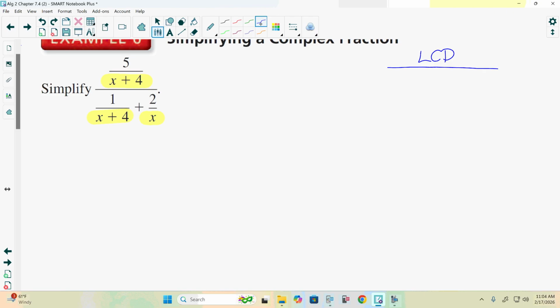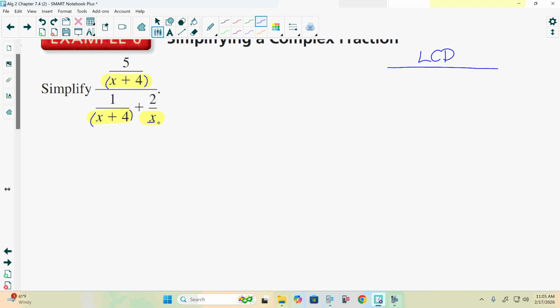And as we look at the top denominator, the numerators, denominator, x plus 4 shows up once. Yes? If we look at the bottom two, the first one, x plus 4, shows up once, and the other one we have an x one time.